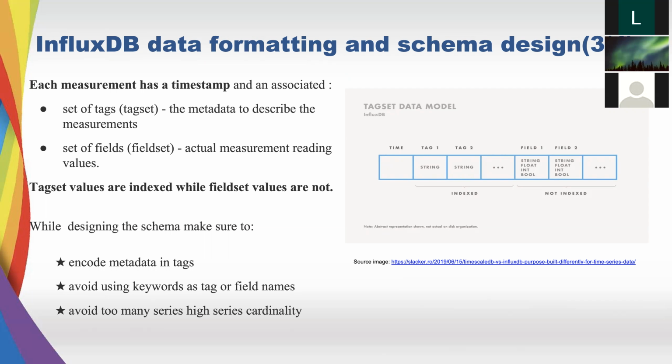The schema is created with the Influx client, and while designing the schema, it's recommended to encode metadata in tags, since queries on tags perform better than on fields. It's not required, but it's good to avoid using keywords such as tag or field, to bypass the use of double quotes.